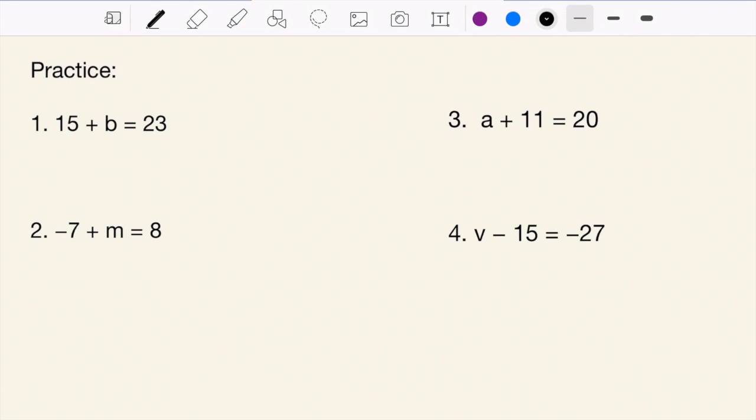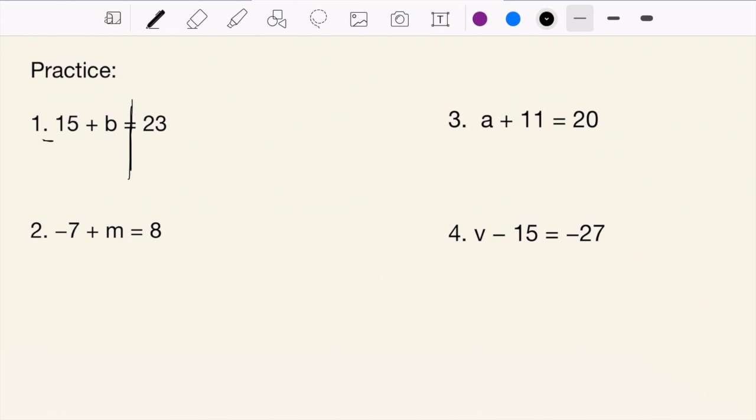So we're going to continue doing the opposite of what the equation has in there, the opposite sign of that constant. For this first one, I'm going to draw a line at the equal sign just to separate the two sides. And we have 15 plus b. We want to get the 15 to the other side. We move it to the other side of the equal sign by doing the opposite.